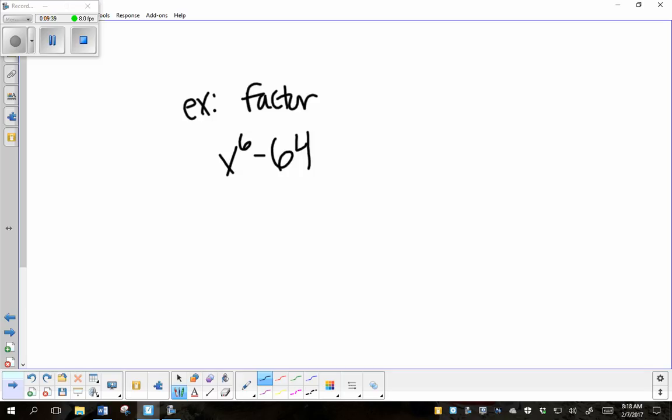And I think that I can. I could also write it as a difference of cubes, but remember, you want to do difference of squares first if you can. So let's rewrite this as x cubed squared, because 3 times 2 would get me back to 6, minus 64, which is the same as 8 squared.